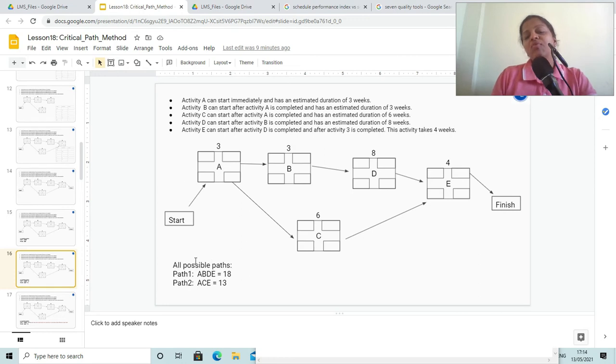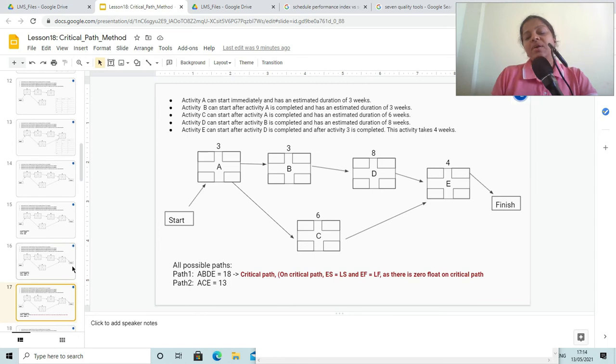The duration of path A, B, D, E is 18 and the duration of path A, C, E is 13. Now out of these two paths, A, B, D, E is the longest path, and that is why this is the critical path. And this critical path is the project duration.